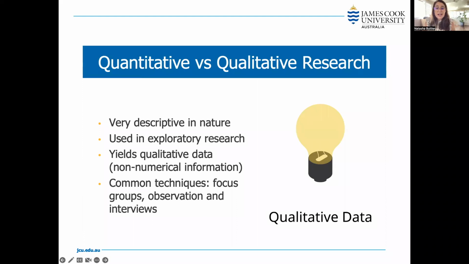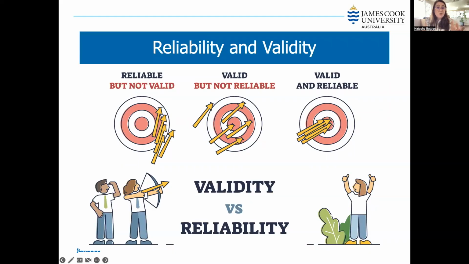So after we've considered the types of data we're going to collect using qualitative or quantitative research, we then need to ensure the reliability and validity of what it is that we're collecting. So a research technique has reliability if it produces an almost identical result in repeated trials.